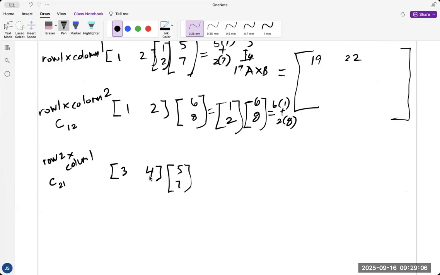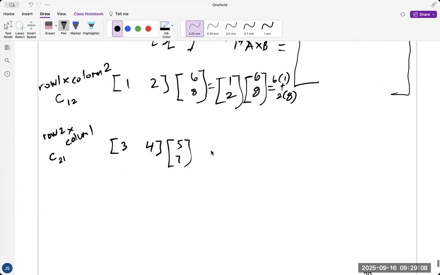Like I said, I turned this 90 degrees clockwise, and that gets me 3, 4 and 5, 7.